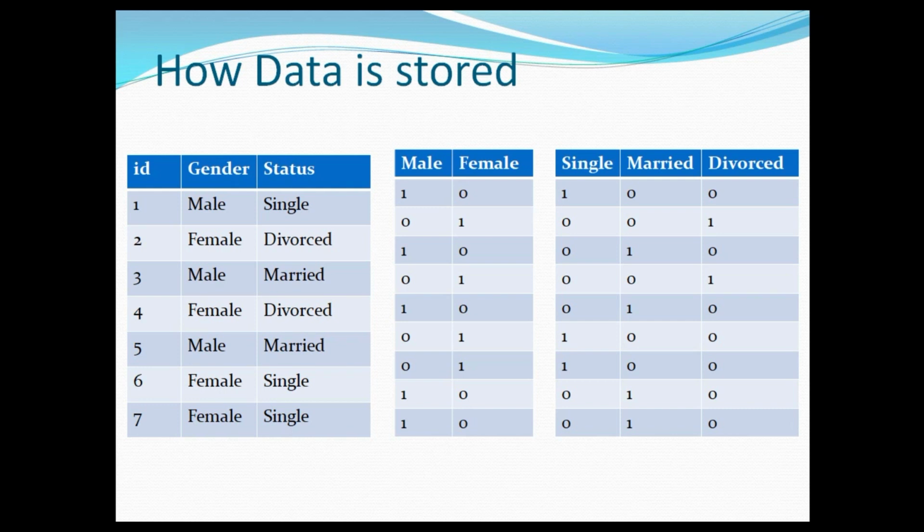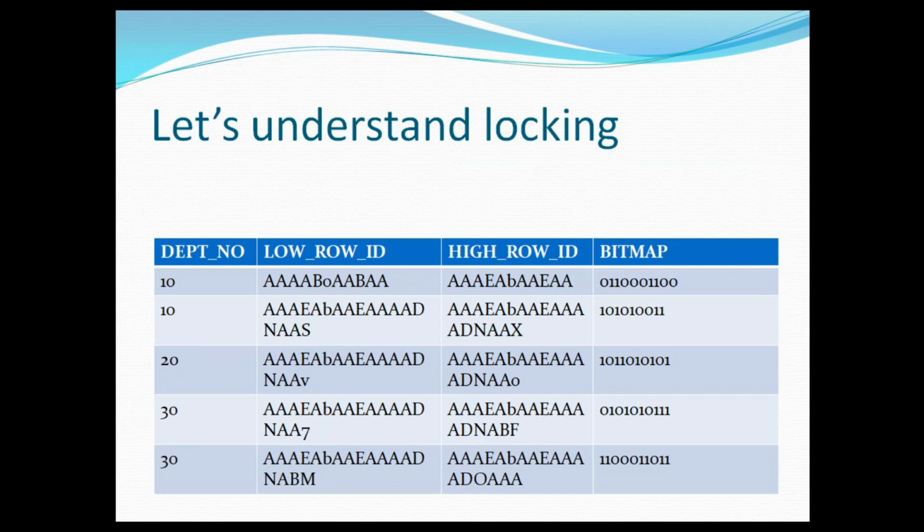Now guys, this is very important to understand: how locking works in a bitmap index. As I've already mentioned, if your table is being updated by multiple processes in parallel, you will have serious deadlocking issues. Let's understand how that works. Let's create an index on the column department in my employee table, and this is how it looks when we create a bitmap index. For each department in the employee table, you will have 1 or more entries in the bitmap index.